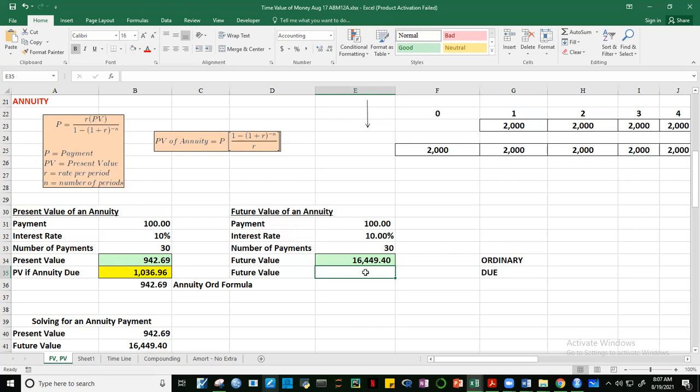What is the future value of a single cash flow of 942.69 now, if the rate is 10% and the term is 30 years? Then please put it in the chat box, guys.